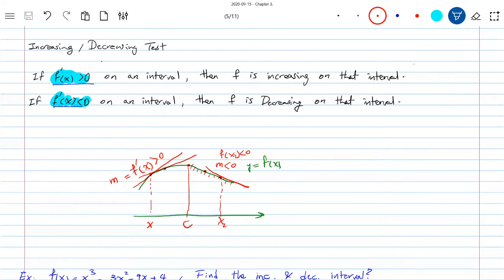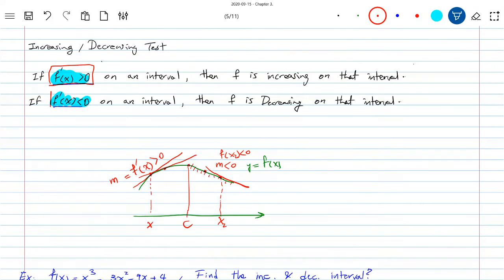If you relate these two, we can say the increasing and decreasing test is basically looking at the corresponding sign of the derivative. If the derivative is positive on a specific interval, then the value of the function on that interval is increasing.